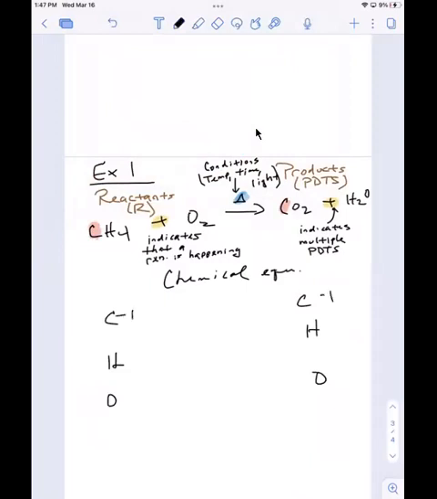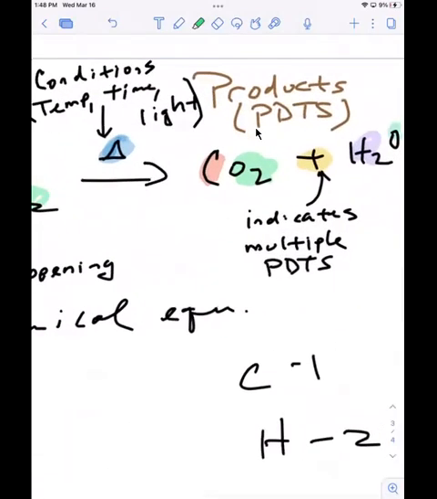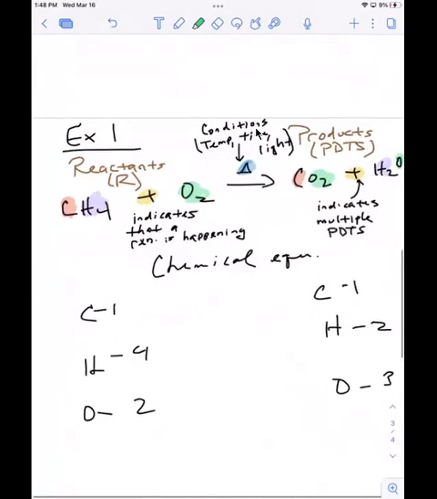How many hydrogens? 4 and 2. Got 4 on this side, 2 on this side. All right, good. And then oxygen, what do I have? 2 on this side and 3 on the other side. Is that right? I got 2 here and 1 here, for a total of 3. Yes or no?